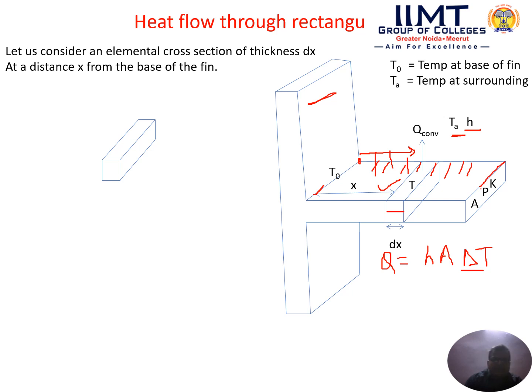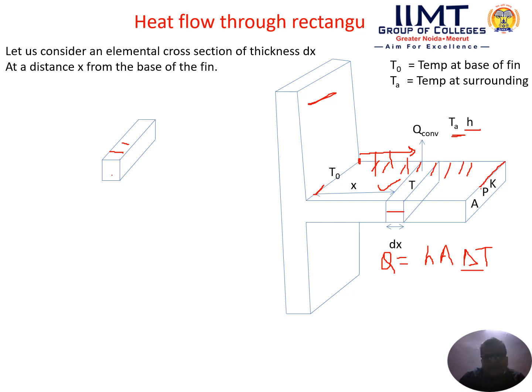That means the heat will come in from this side, and the heat will go out from this side, and this upper surface and this surface is the surface area of the element that is exposed to the surrounding.